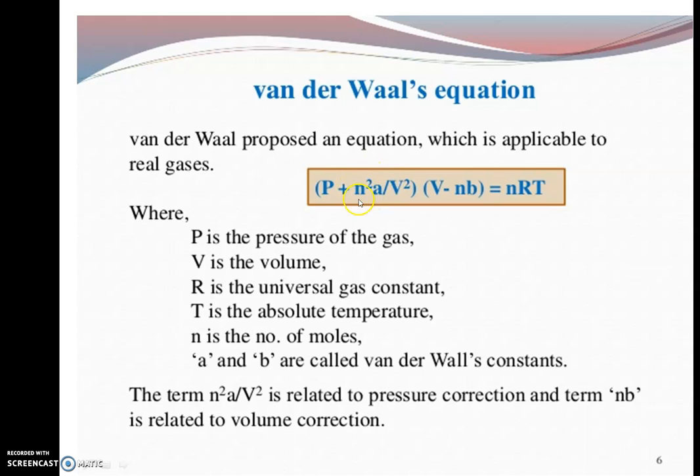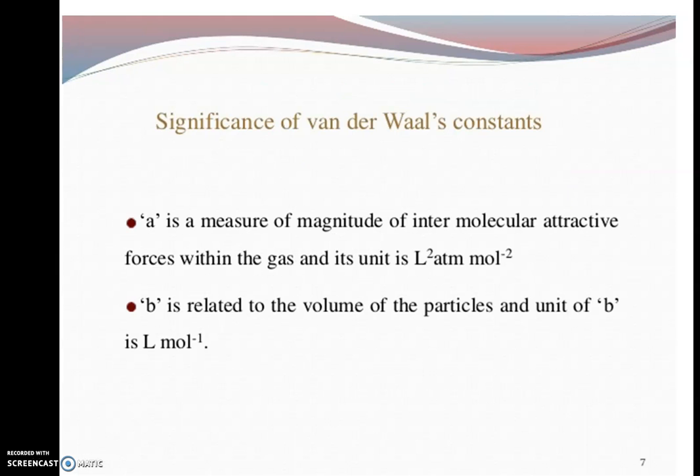We know that in real gases there will be a correction in the pressure, and nb is the volume correction. This is at high pressure, low temperature, low volume. So P + n²a/V² is the pressure correction, and this is the volume correction. These make up the Van der Waals equation.